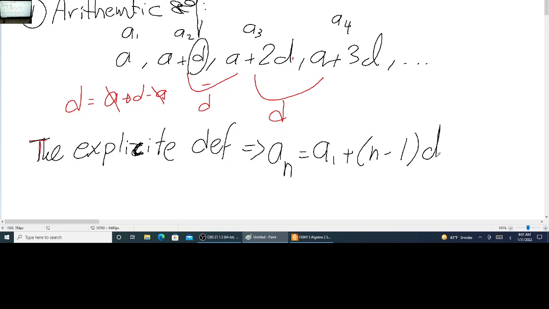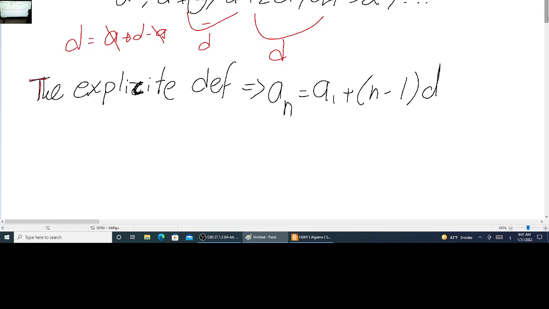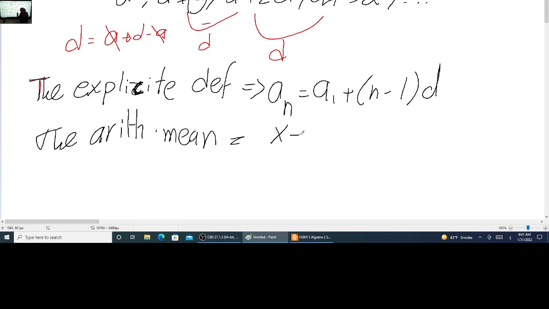And the arithmetic mean is x plus y over 2.